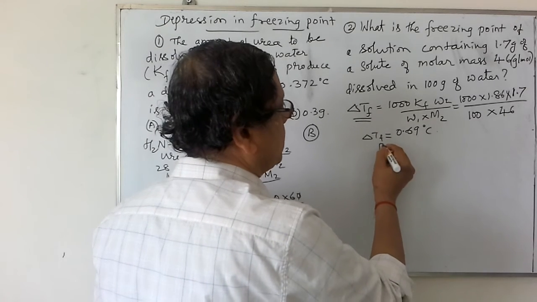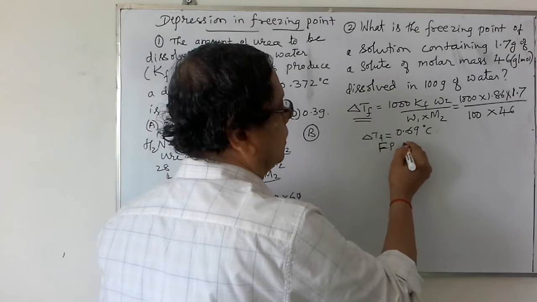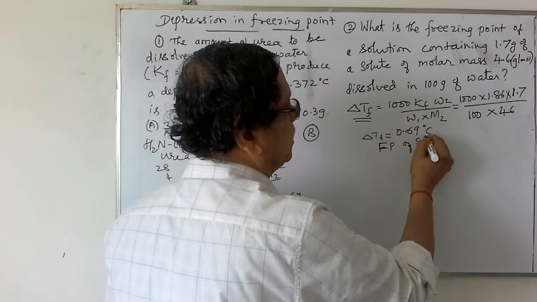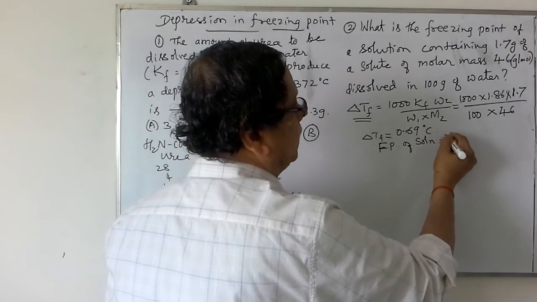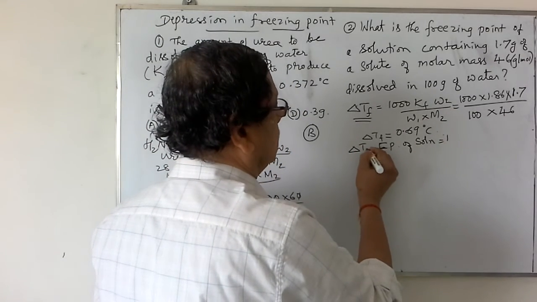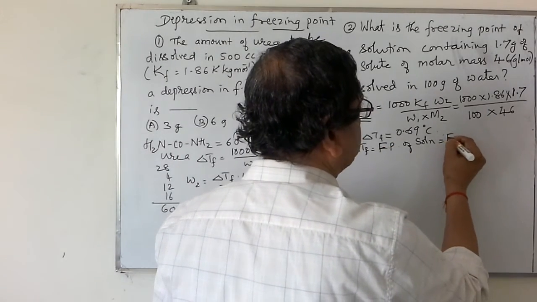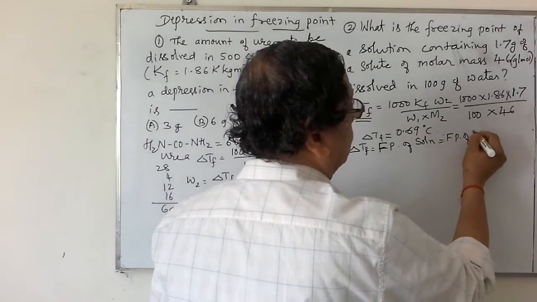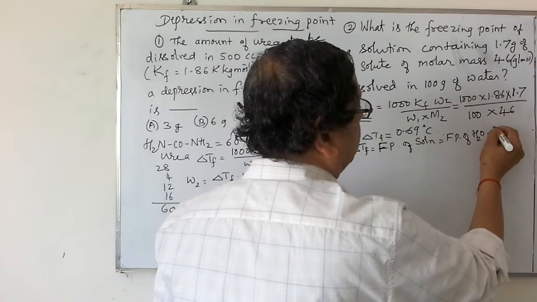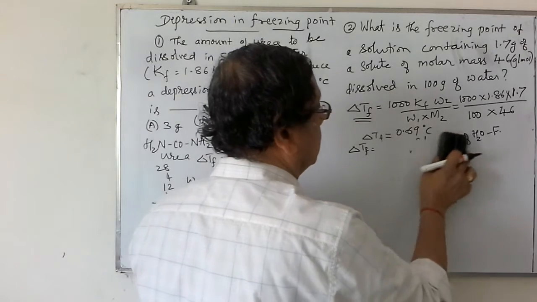Therefore, delta Tf is freezing point of water minus freezing point of solution.